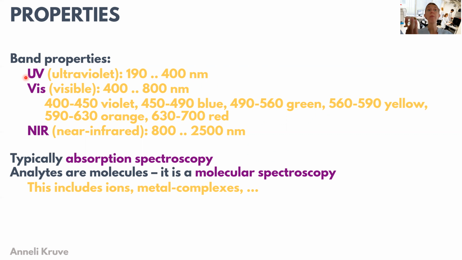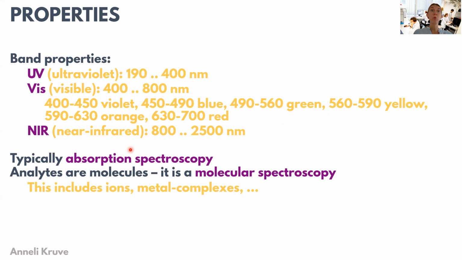And even above that is near infrared spectroscopy, which can be an absorption spectroscopy as well, similarly to the ultraviolet and visible spectroscopy. It has a few details that are very near infrared specific, but in general, it's quite similar. It needs a bit different equipment mostly, but it's not so different from UV-Vis spectroscopy.